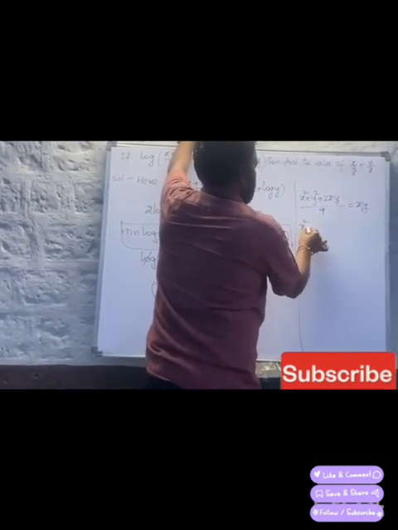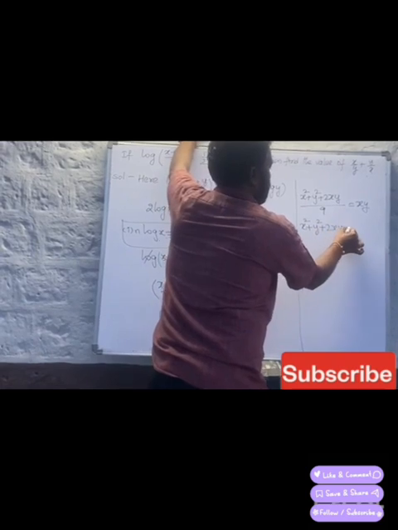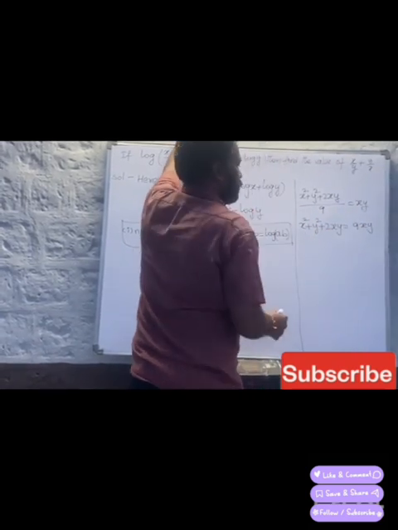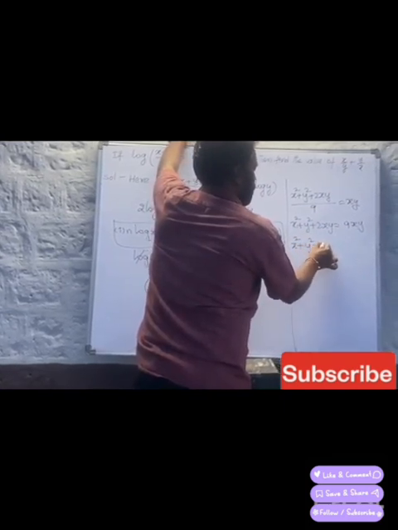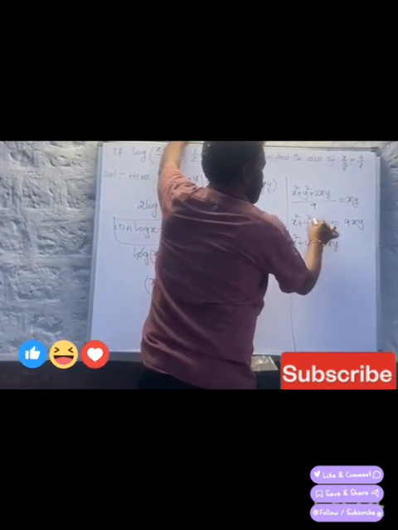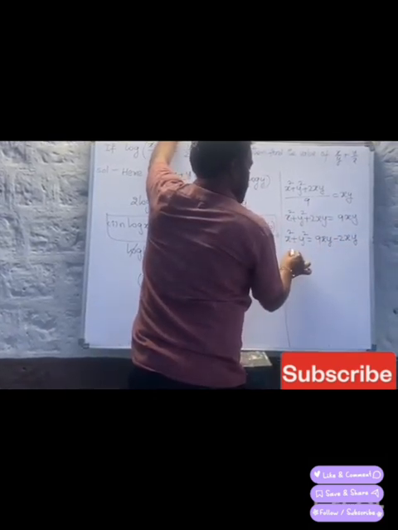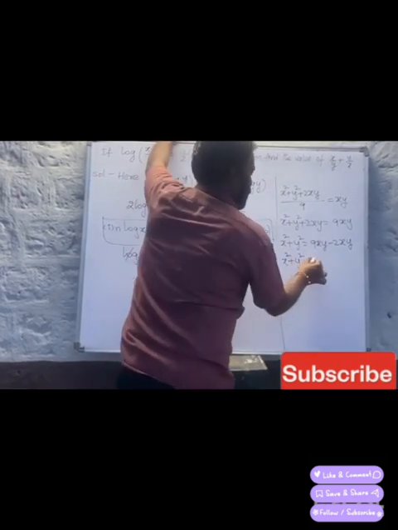So x square plus y square plus 2xy is equal to 9xy. Transform the 9 to the right side. So x square plus y square is equal to 9xy, and 2xy goes to the right side as minus 2xy. X square plus y square is equal to 9xy minus 2xy, which is 7xy.